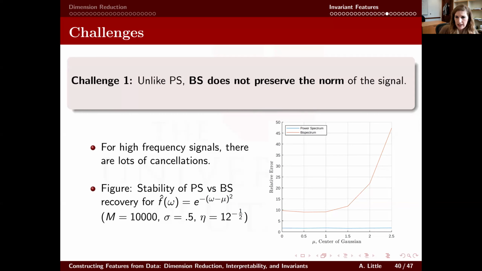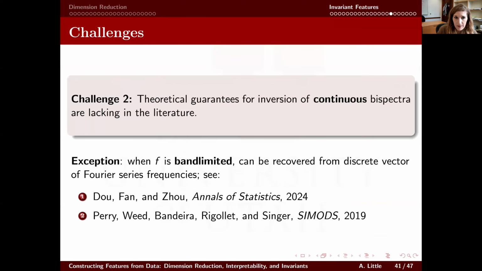This has a big impact when you think about higher and higher frequency signals. For the power spectrum, as you increase the underlying frequency of the hidden signal, things stay stable. But the error when using the bispectrum grows exponentially, just because the norm of the bispectrum is not preserved and tends to get smaller and smaller for high frequency signals. That is certainly a real challenge for real data.